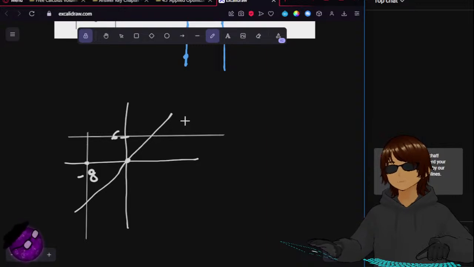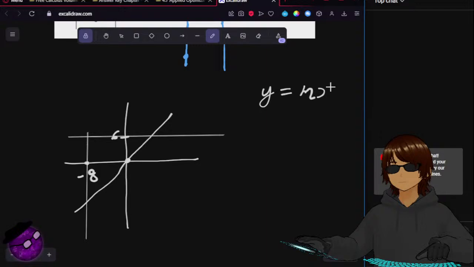And the gradient of the line changes. This is like y is equal to mx, and let's say m is the variable here, so m changes, like different gradients.